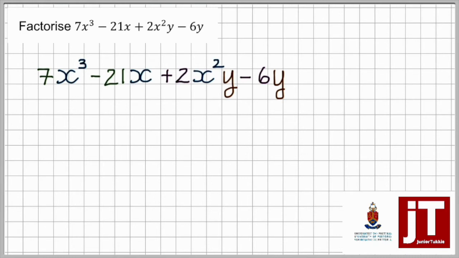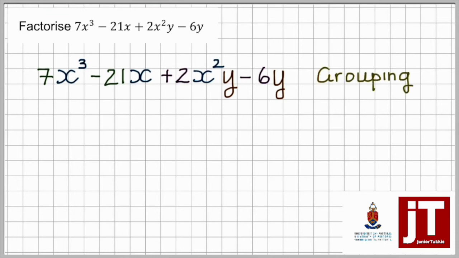So we will not start off by taking out the highest common factor. We check to see if we have a difference of two squares or a trinomial. And since we have neither a binomial nor a trinomial, it means that we will probably have to use a special technique here. And that special technique is called grouping.